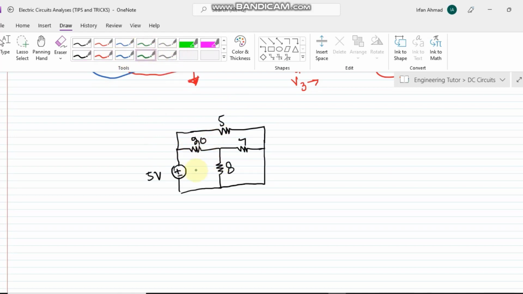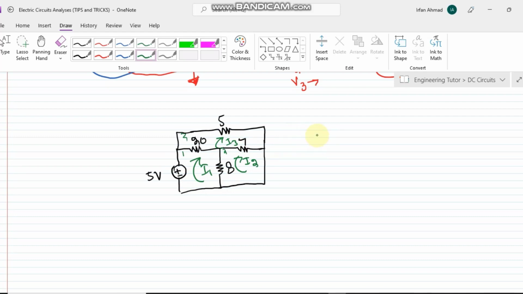In solving the circuit by using the mesh current method, again we have to identify the number of loops here. So this is number 1, this is 2, this is 3. So this will be current I1, this will be I2, this will be I3. Again, there is no branch current given here.